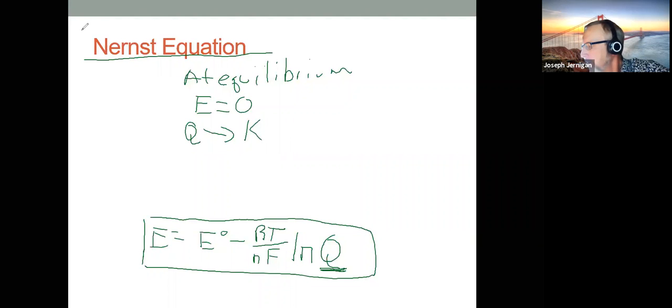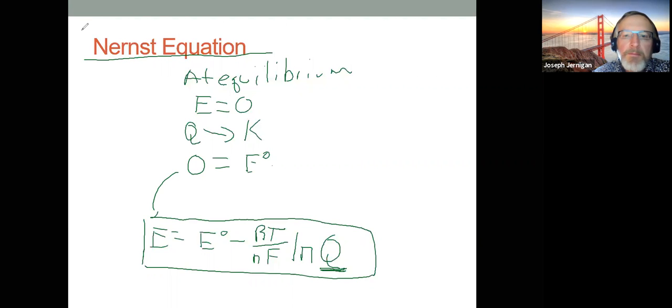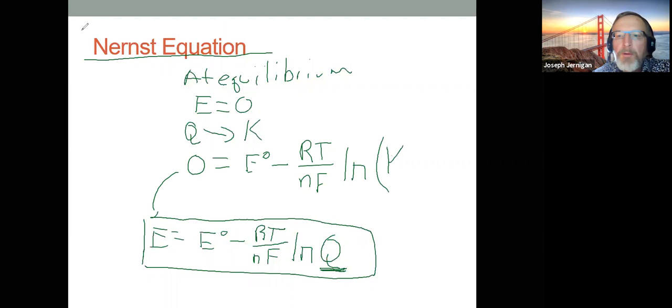So just plug in 0 here: 0 is equal to E0 minus RT over NF ln, and now Q becomes K eq. All right.